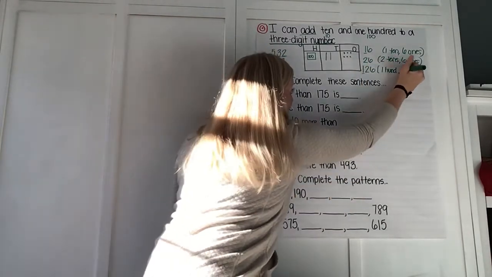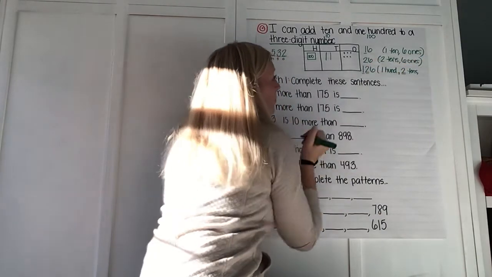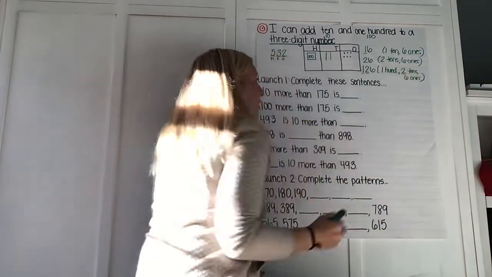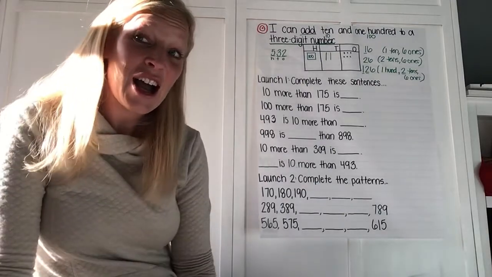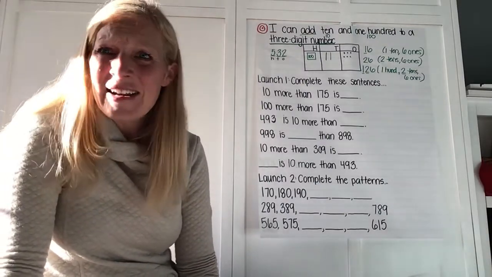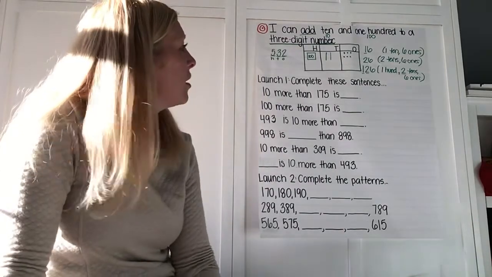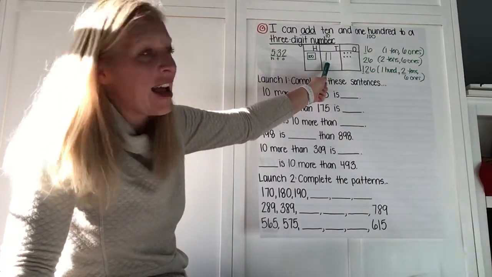I still have 2 tens. And I have 6 ones. What place changed when I added my 100? My hundreds place. Did my tens place change? Why not? I didn't add any tens to it, right? I still had my 2 tens that I had before.